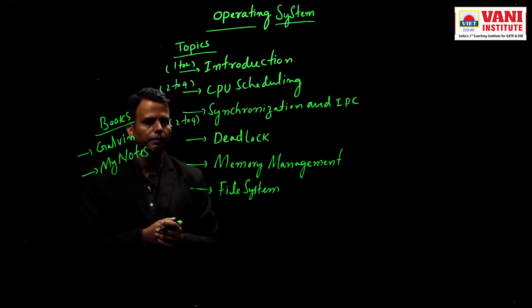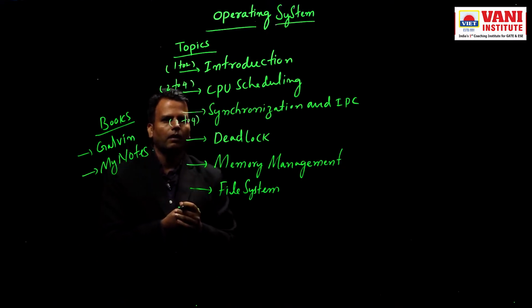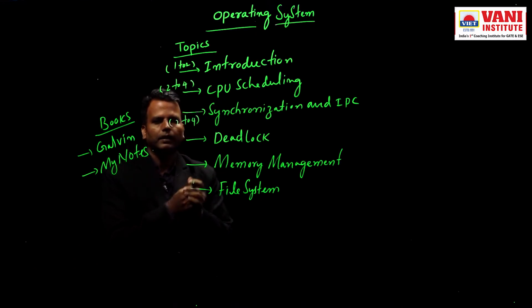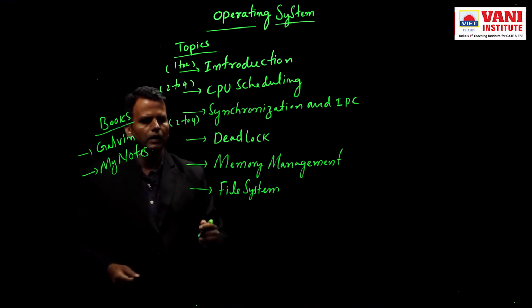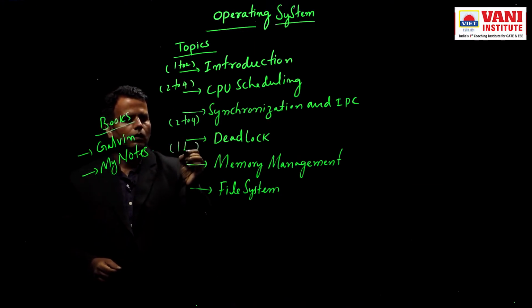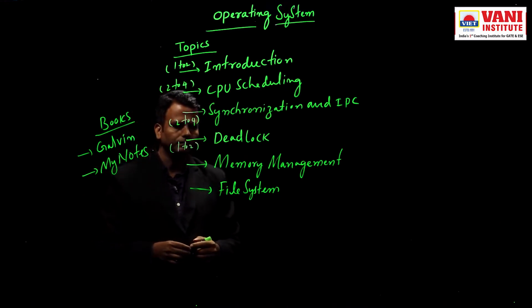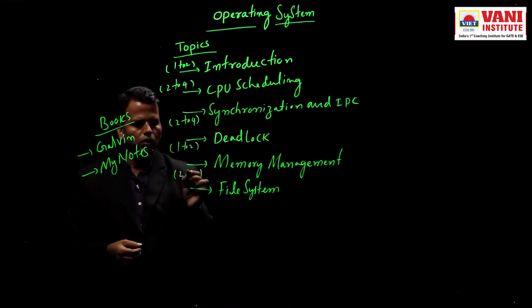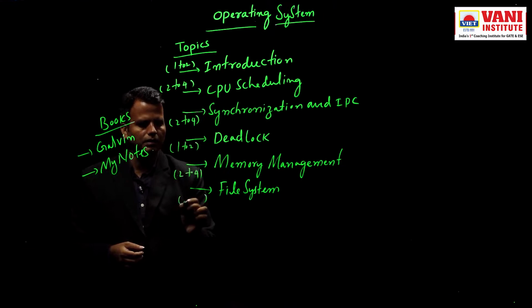Once again it is a big topic and it is a very good topic. Lots of information you will get by the time I am discussing this topic. Now next one is 1 to 2 deadlock, and memory management is 2 to 4, and file system is 1 to 2.